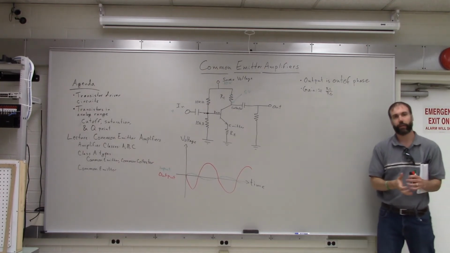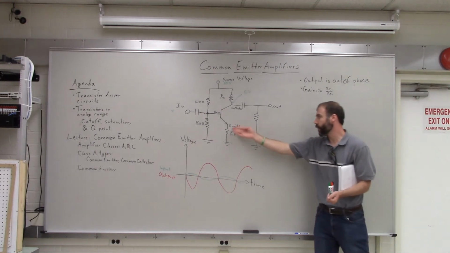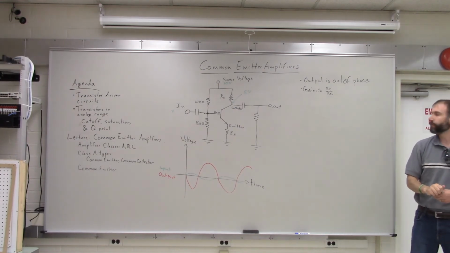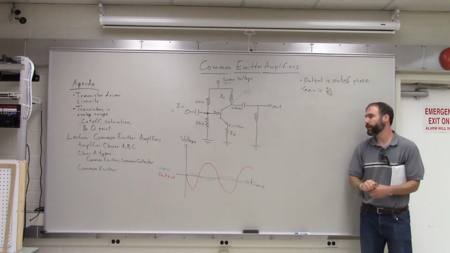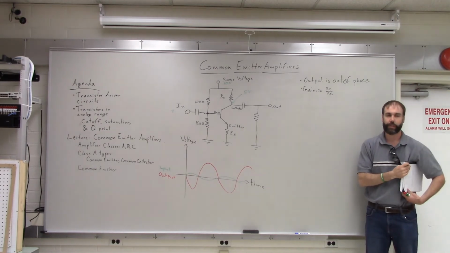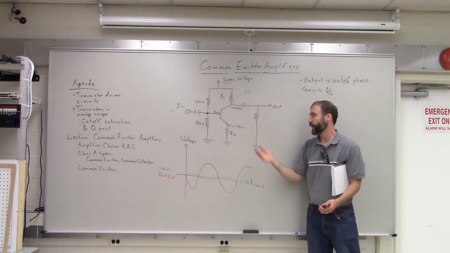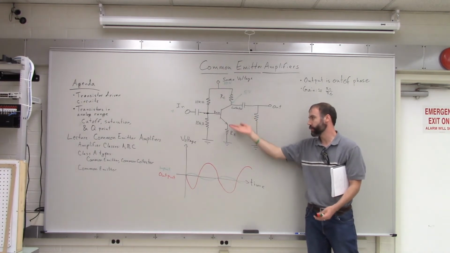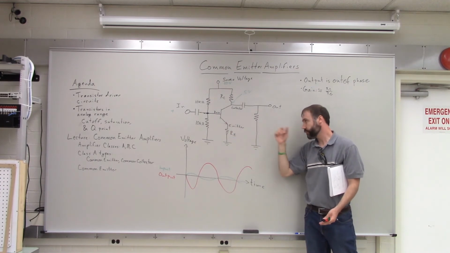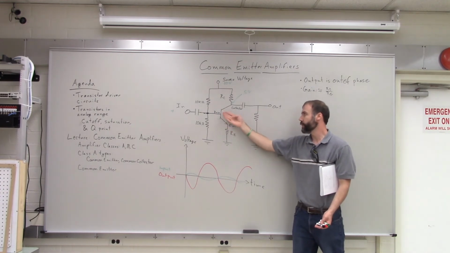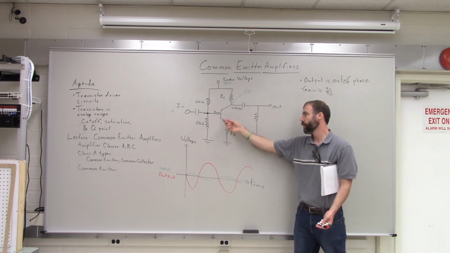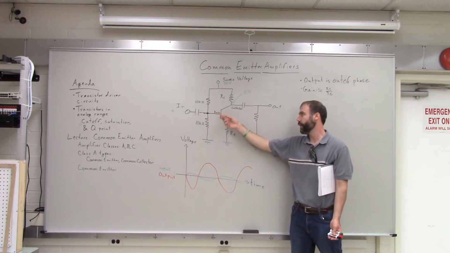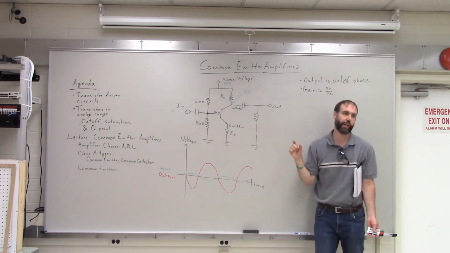But there is a caveat. If you start to make RE too small, then your gain is not very stable. Basically, the transistor can heat up a little bit, and because of some internal physics that goes on, basically the transistor has its own small resistance inside of itself, and as the transistor heats up, that resistance changes a little bit.